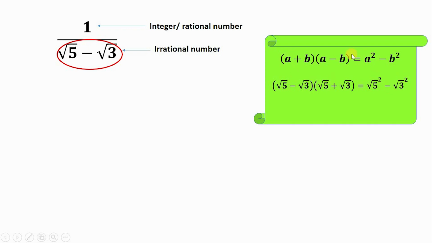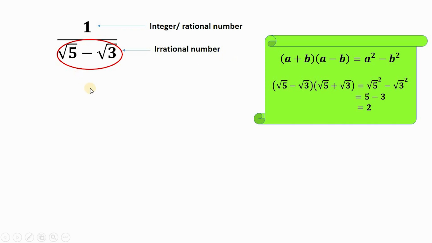Here we have used this identity: instead of a, we have square root of 5, and instead of b, we have square root of 3. So (a minus b) into (a plus b) is a square minus b square, and the root and the square cancel in both cases. So you will get 5 minus 3, and 5 minus 3 is 2, and 2 is a rational number.